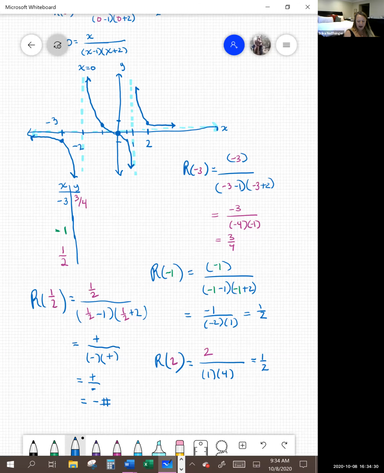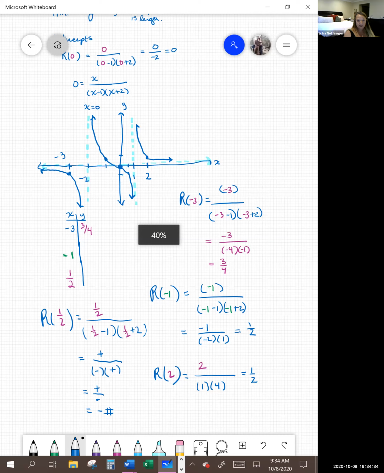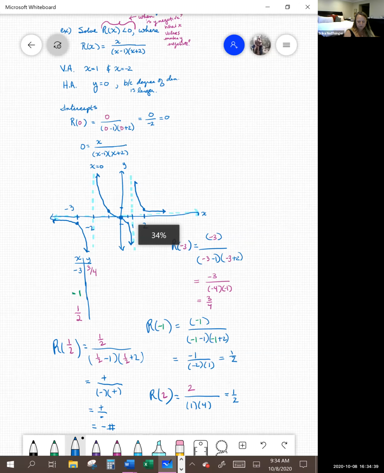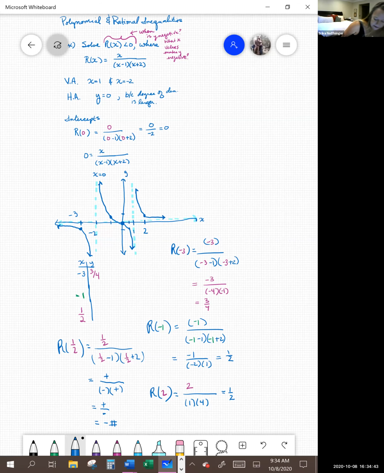Okay, so we got the graph of it. And hopefully that kind of, again, solidified what we're doing today with graphing rational functions a little bit earlier. But now we want to figure out when is r of x less than 0. So when is this graph falling below the x-axis? So it's falling below the x-axis right in here.